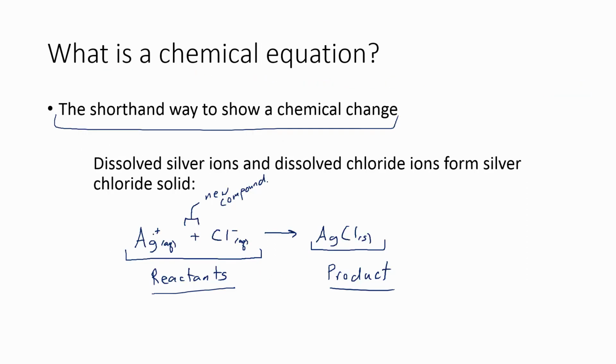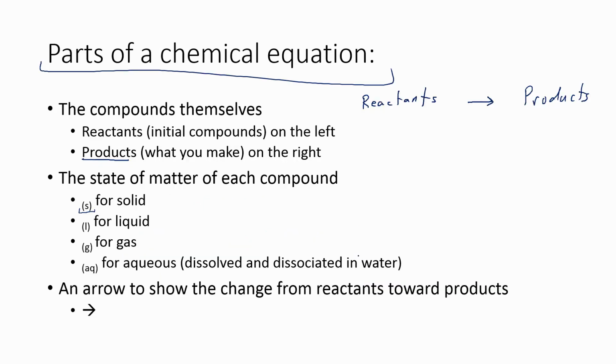So here we're saying the silver plus ions are dissolved dissociated ions in water, and so are the chloride ions, and the silver chloride material is a solid. And then the critical aspect, we have the arrow, which says that we are changing from reactants into products.